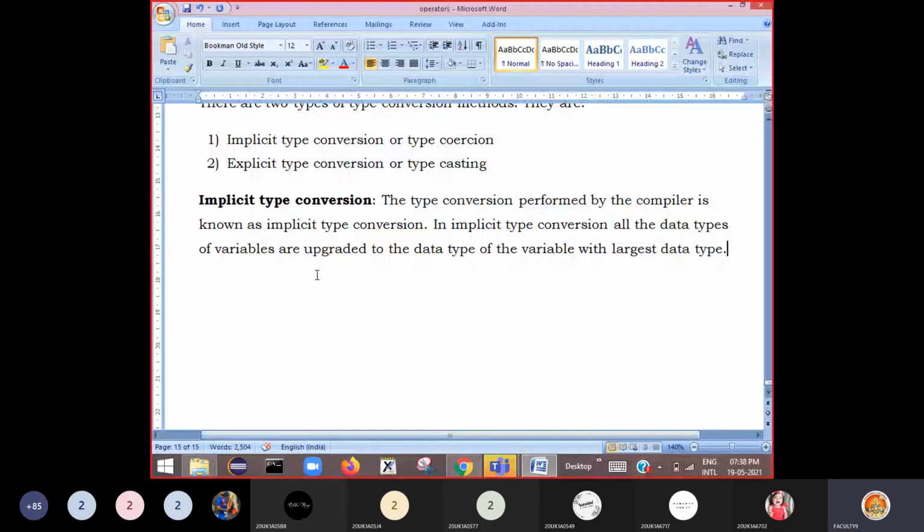What it will do is all lowest type variables will be upgraded to the data type of the variable with the largest data type. If there is any variable with the highest data type, then all the remaining variables will be converted to this largest data type. Please remember this largest data type. I am making it bold so that you can remember easily. I'll just give the list of which is converted to which.